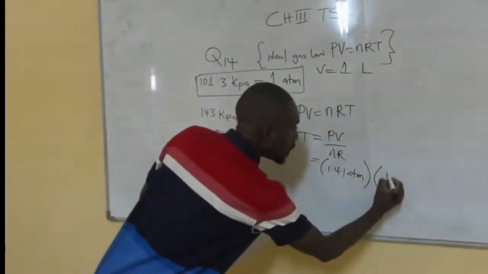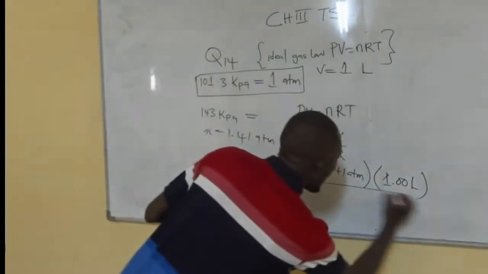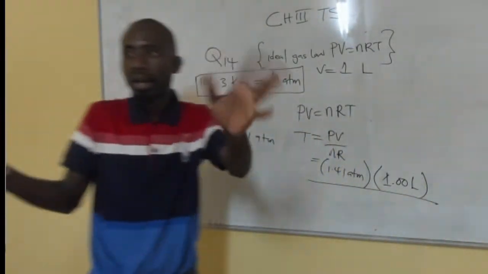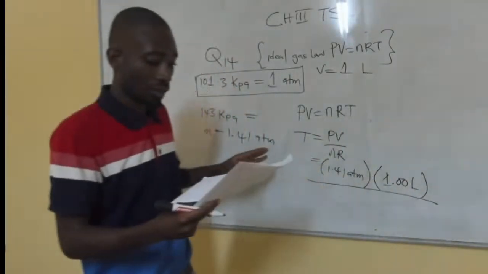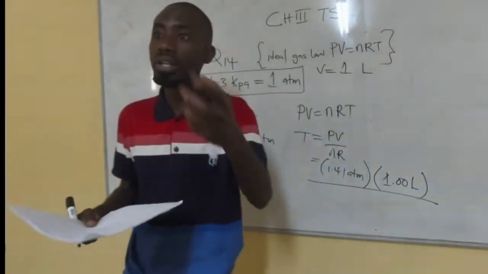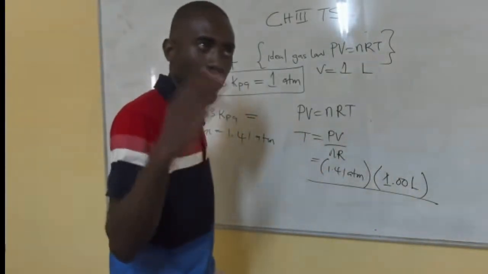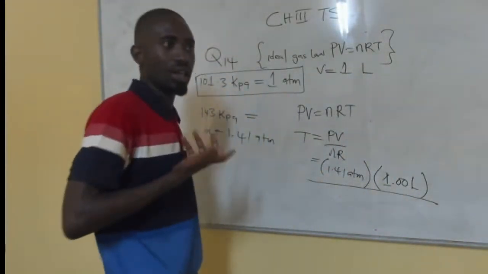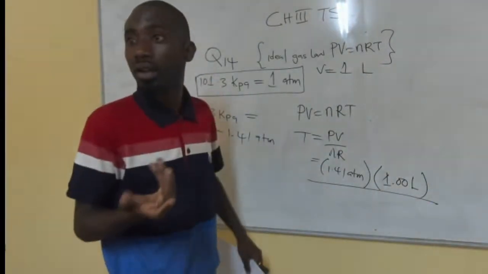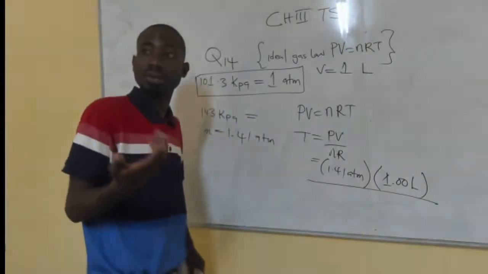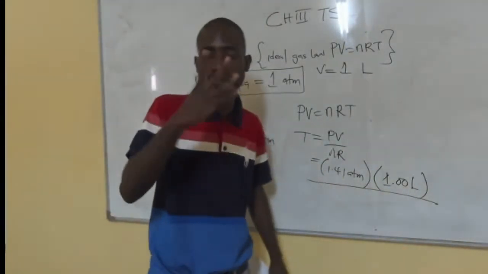So you substitute: 1.00 liter over the R constant. The R constant changes depending on the pressure unit at which you are working. You have an R constant when working with atmospheres, one for millimeters of mercury, and one for pascals.